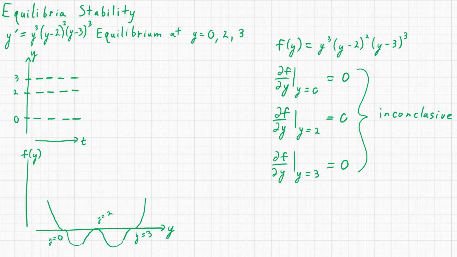And now from here we can determine the stability of all these equilibrium points. So let's go ahead and draw our arrows. It's positive on this side, negative on this side, so the arrows do something like that. Then something like that, negative slope. On this side is also negative, so they're also pointing the same way. And on this side, it's positive again, so those are going to point to the right, and they'll get bigger and bigger as you get further away.